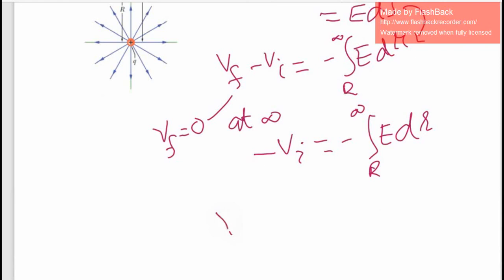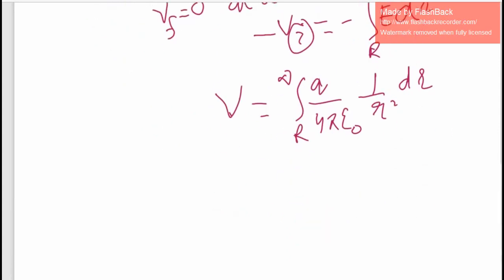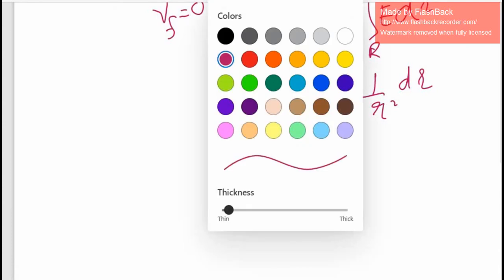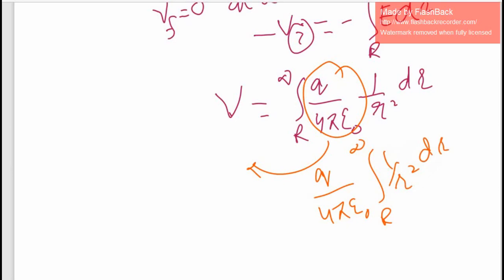So V is equal to, by dropping this subscript, the integral from r to infinity of q by 4 pi epsilon naught, 1 over r square dr. By solving this integration, the constant term will come out: q over 4 pi epsilon naught, integral from r to infinity of 1 over r square dr. Again, by solving this, we end up with the result 1 over 4 pi epsilon naught q over r.